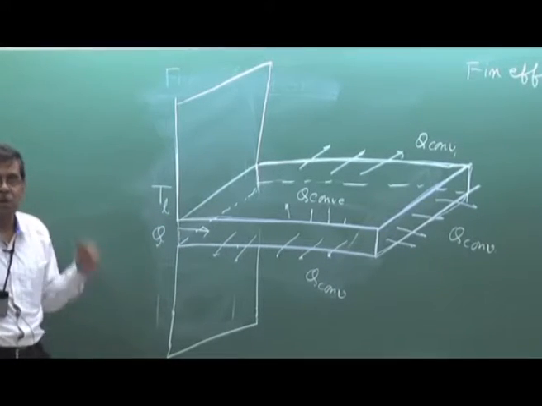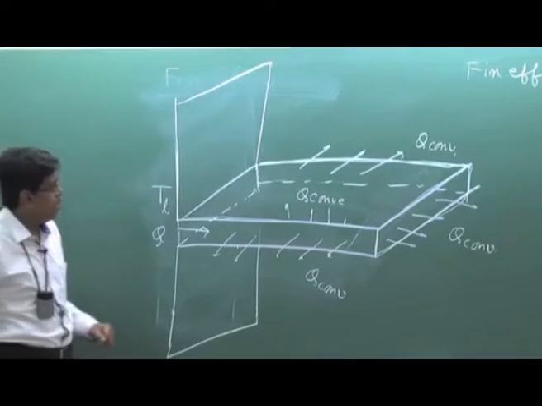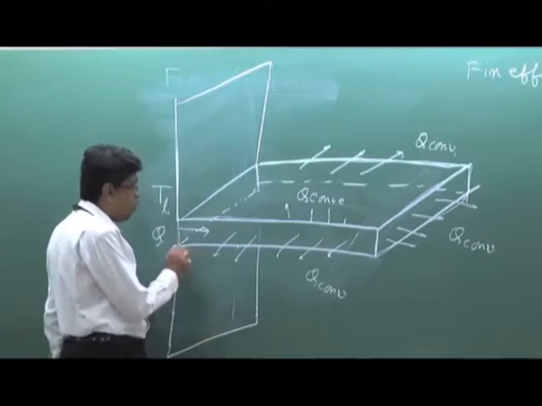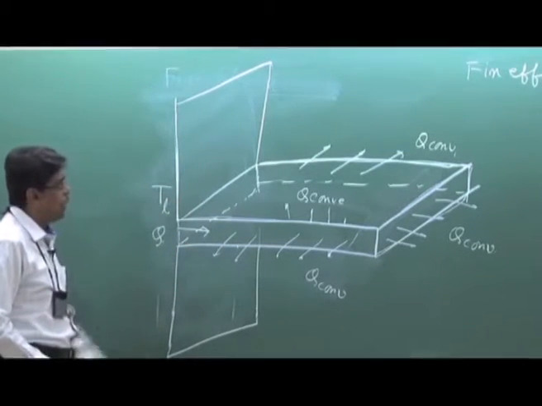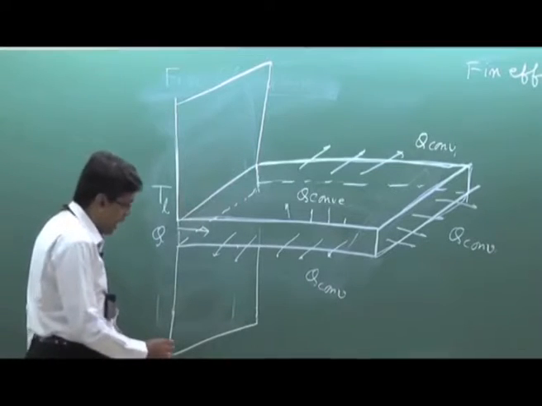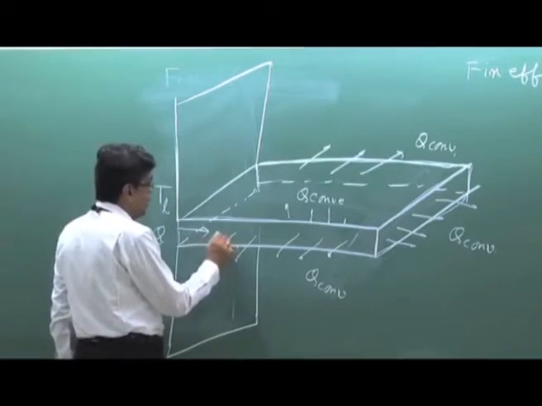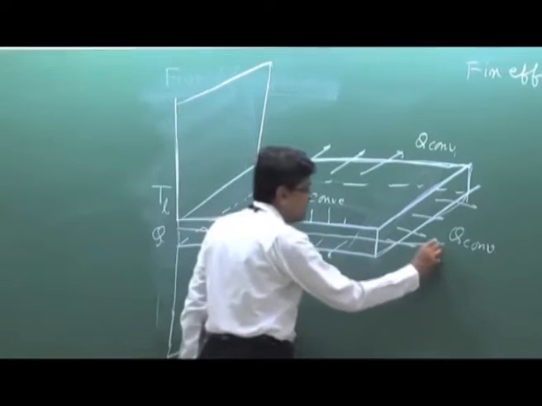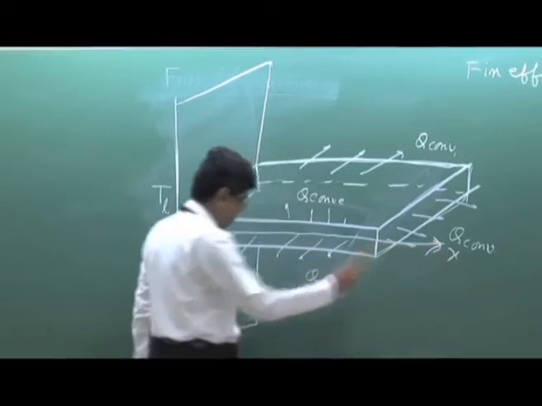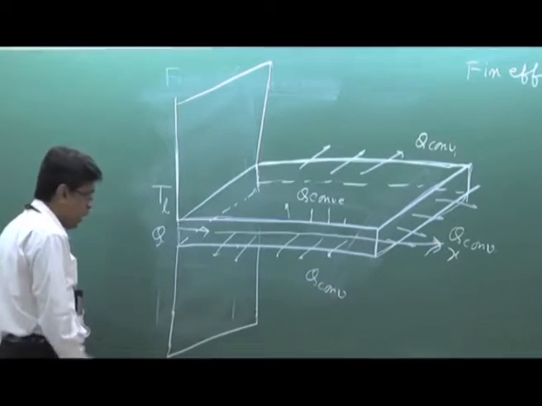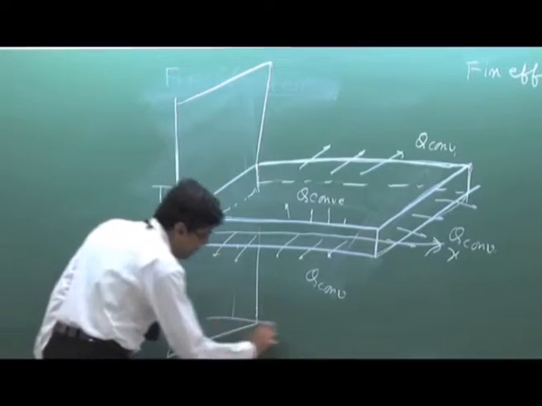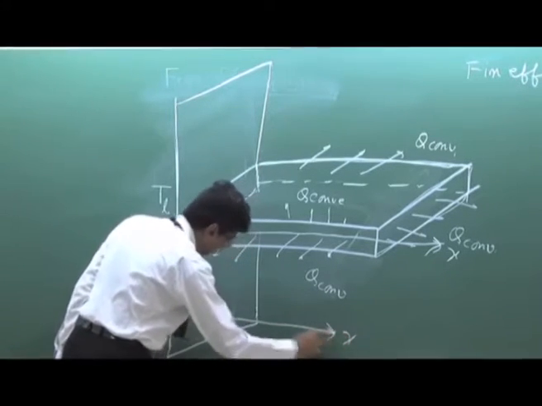That is the basic principle of a fin. But one thing, we assume that it is a one-dimensional problem, usually a large fin, so that we consider this direction as x. That means this is the x direction from this plane.